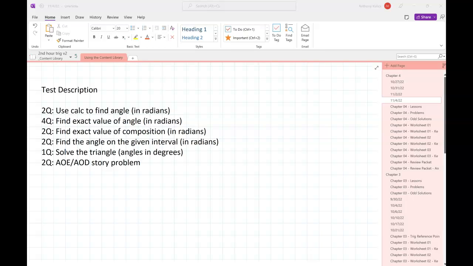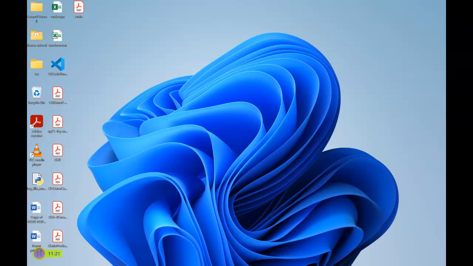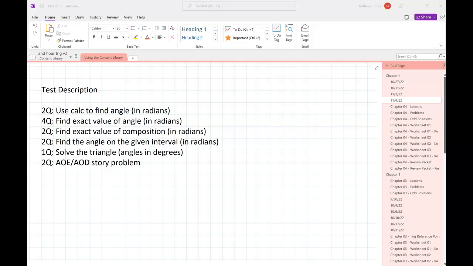Four questions where we're asked to find the exact value of an angle in radians. On that question, what do you need to use? If it's asking for an exact value, what are you going to need to use? The unit circle, already given to you on the test. What else do you need, though?